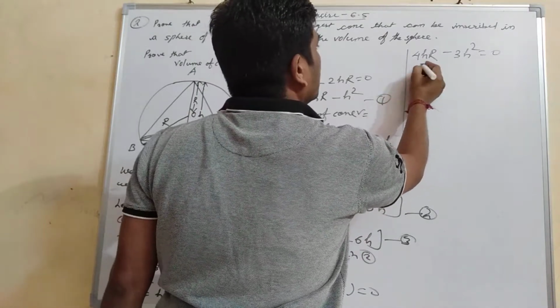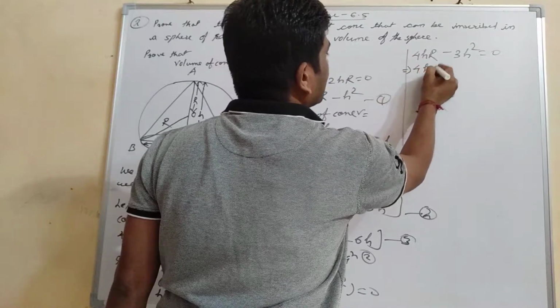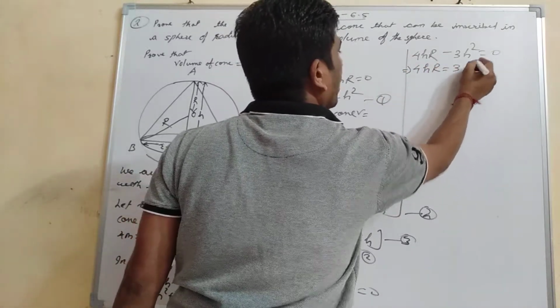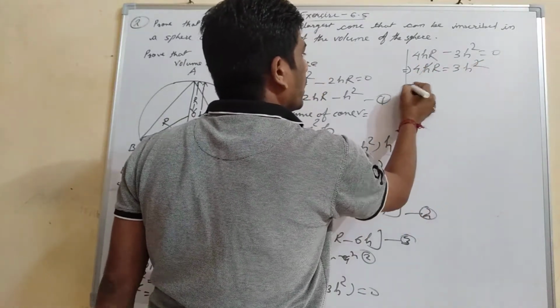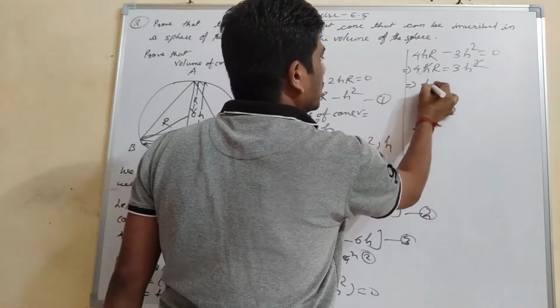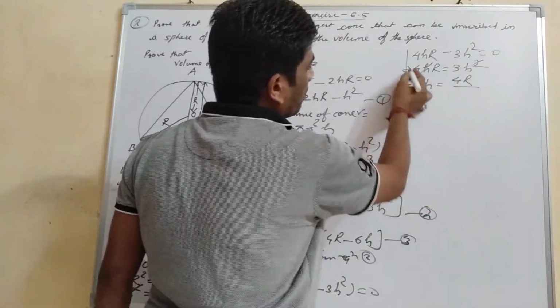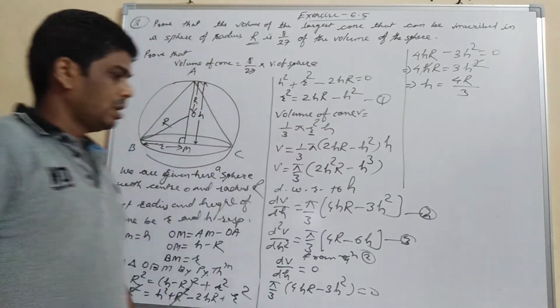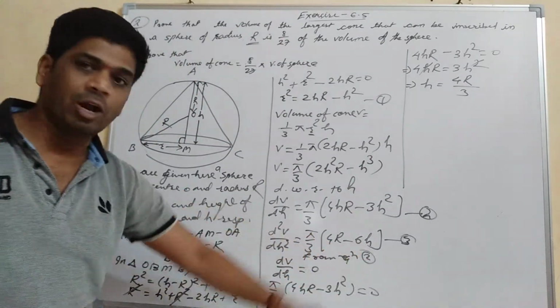It will be 4hR equal to 3h square. Okay, so one h will be cancelled, which means we will get h is equal to 4R upon 3.